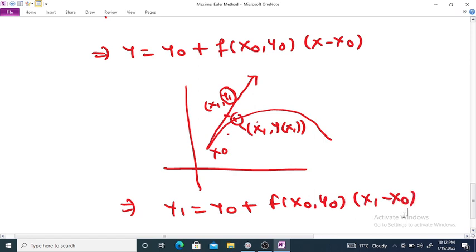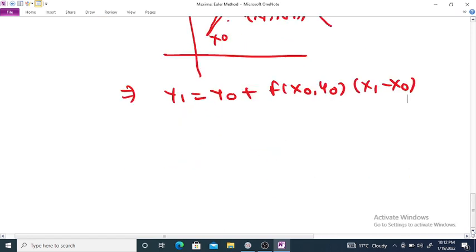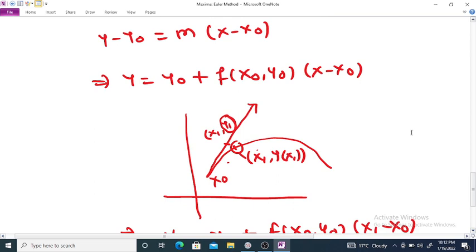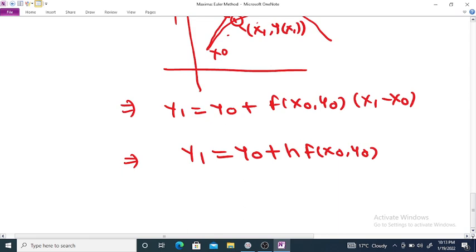Again we assume x1 minus x0 is equal to h, and therefore the formula y1 is equal to y0 plus h f of x0, y0. So we apply this calculus technique, the slope technique, to develop the Euler formula. Again you can apply the same logic for y2.